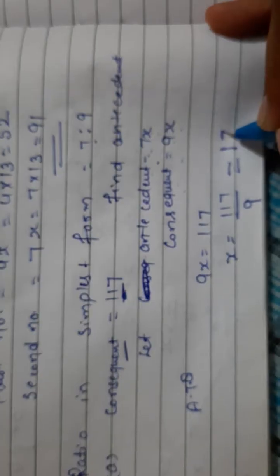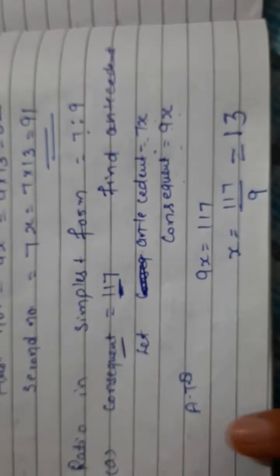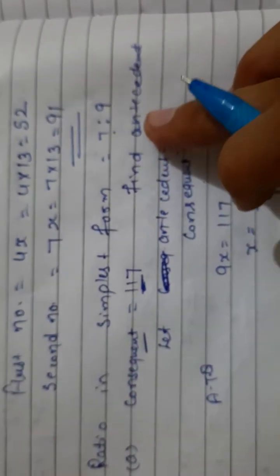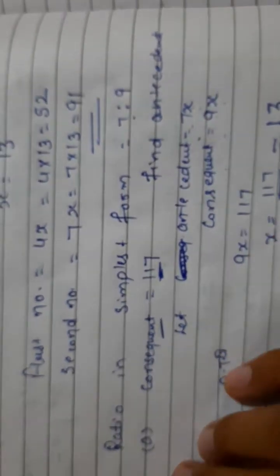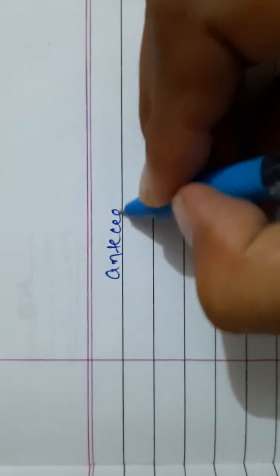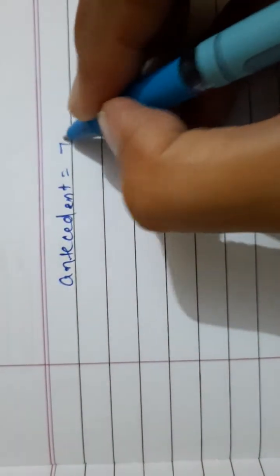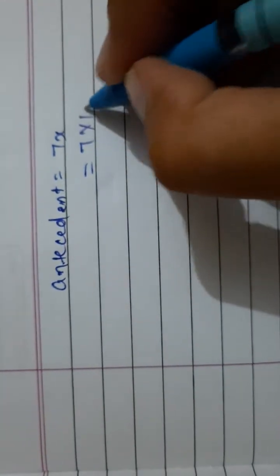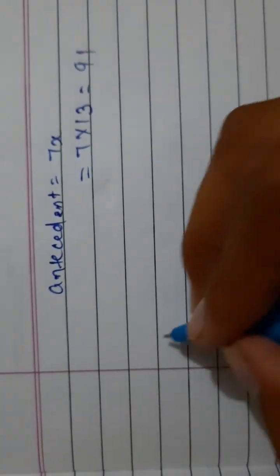When you divide, you will get 13. X is 13. They said find antecedent, so we have to find antecedent. Our antecedent is 7x, so we can write 7 into 13 is 91.